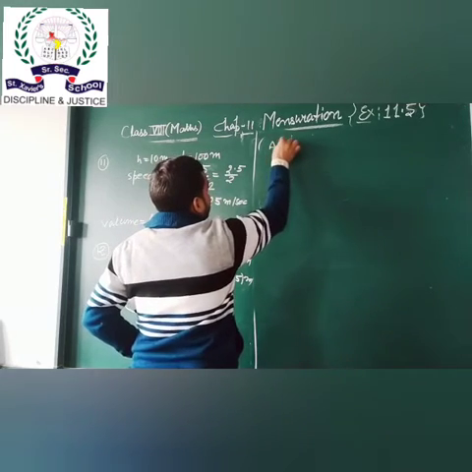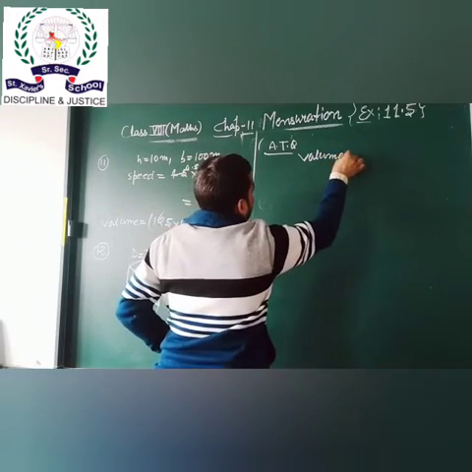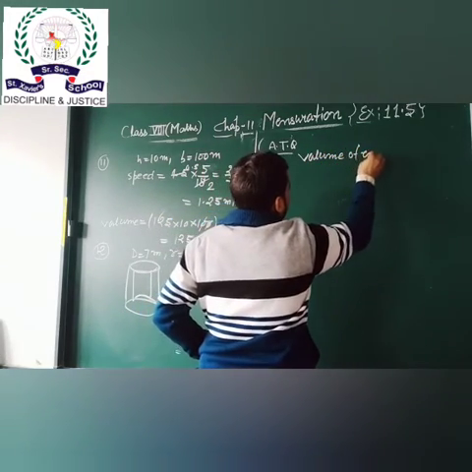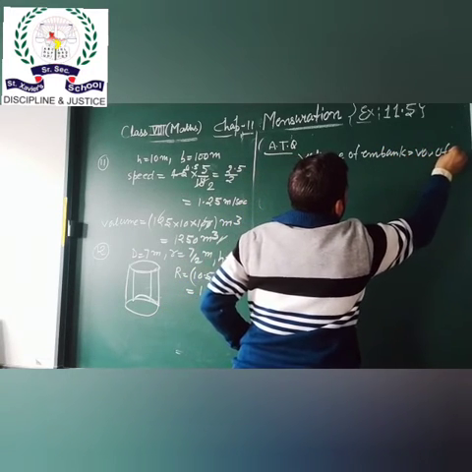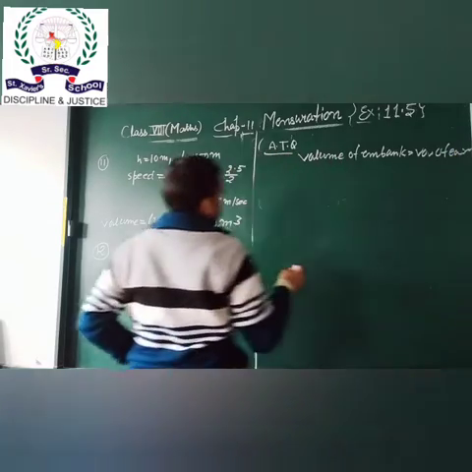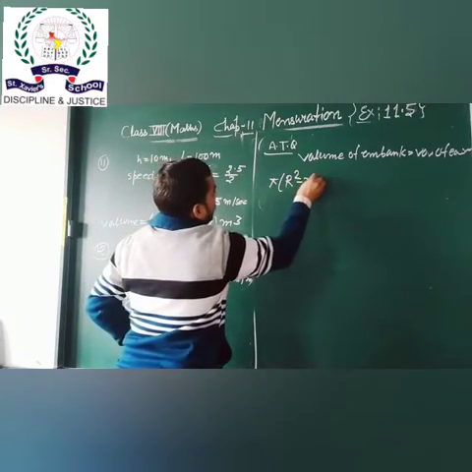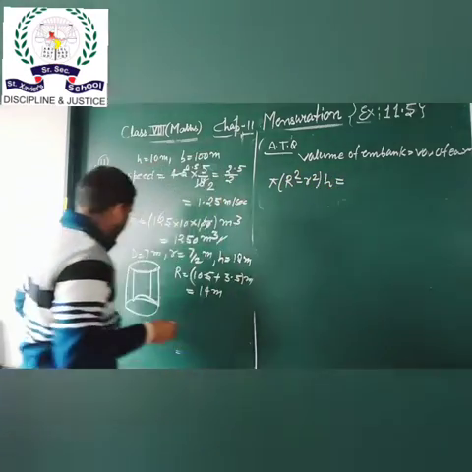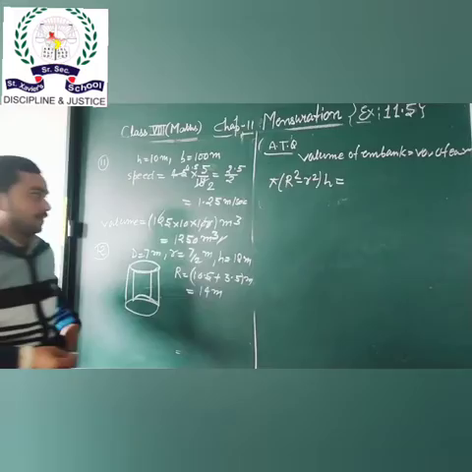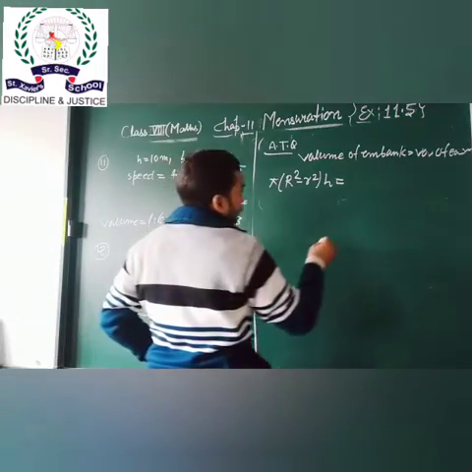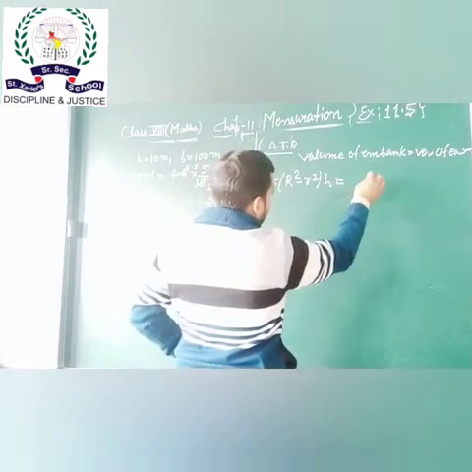So according to question, volume of embankment equals volume of earth taken out. Volume of embankment equal pi into capital R square minus small r square into h. Square of external radius minus square of internal radius into height is the volume of embankment in the form of hollow cylinder, equal to volume of earth.